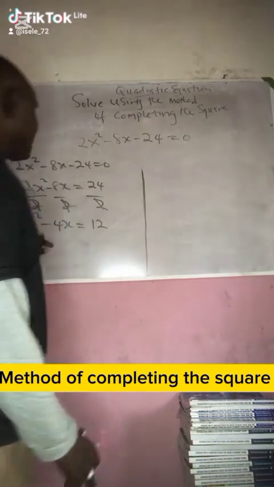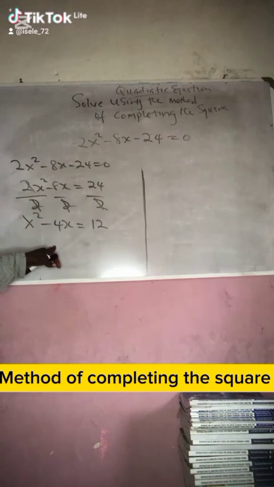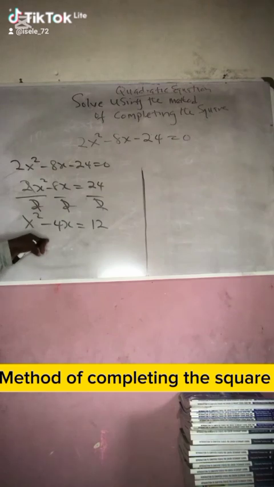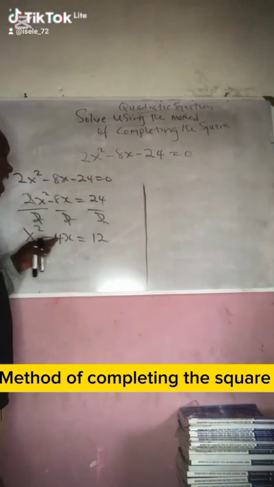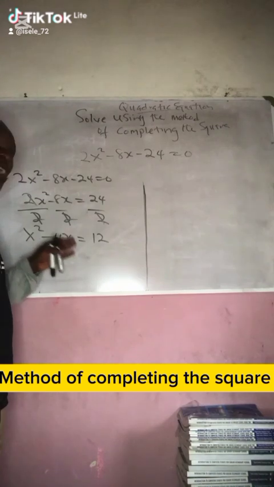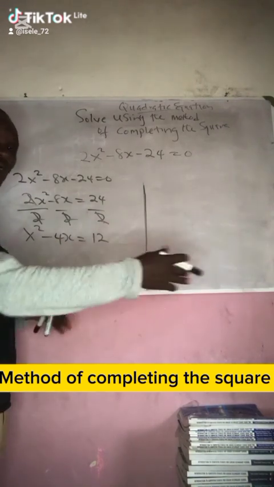Now, the next thing you need to do in the method of completing the square is to add the square of half the coefficient of x on both sides of the equation.